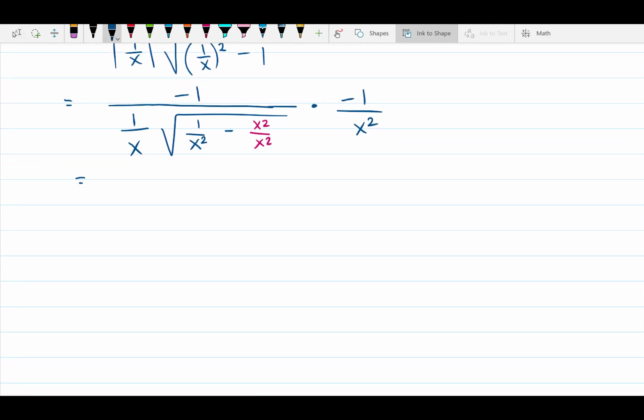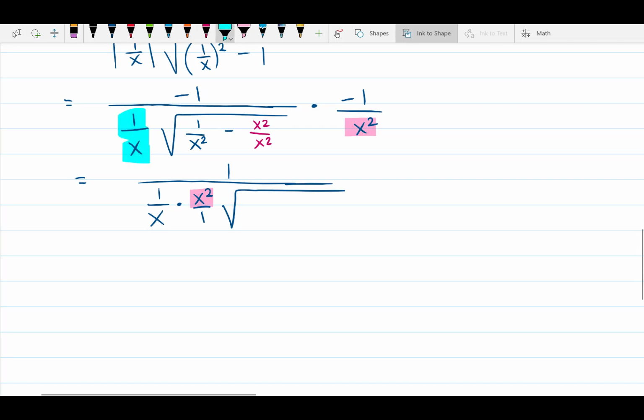Okay, so we get a -1 and a -1 makes 1 divided by 1 over x times the square root, and again this x squared came from right here. It's in the denominator, but this 1 over x here is a fraction within a fraction. We get 1 minus x squared divided by x squared.